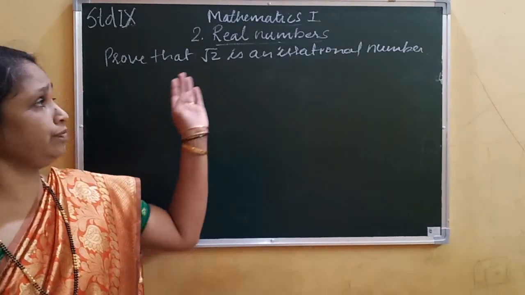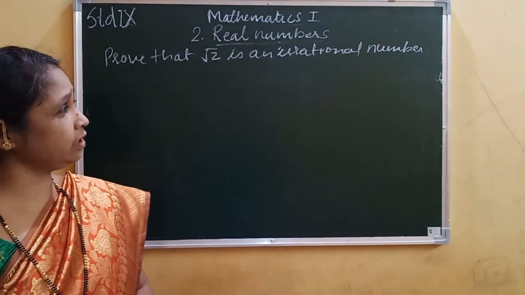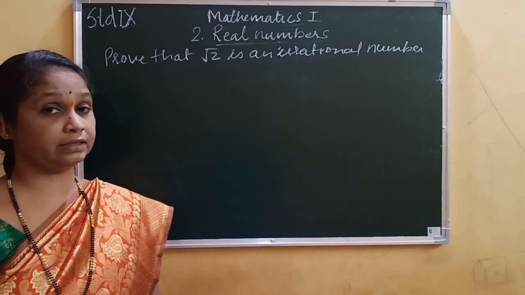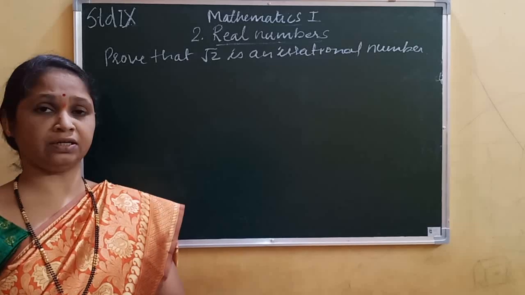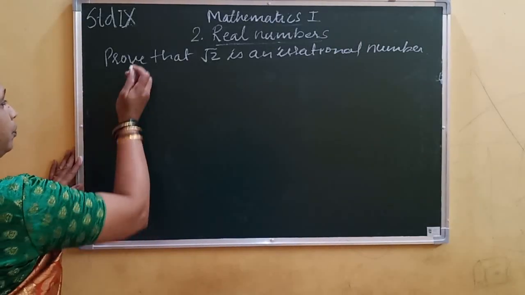To prove that it is irrational, we say that if it is a rational number, then what will happen?